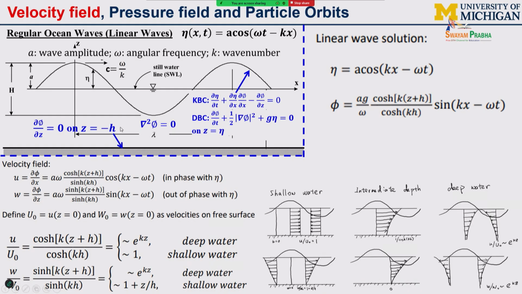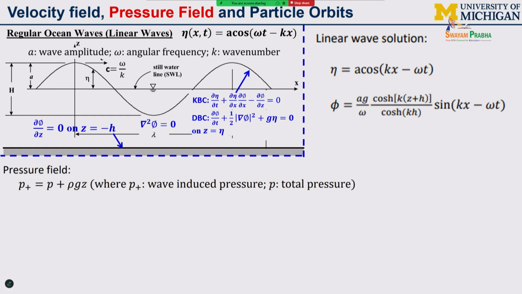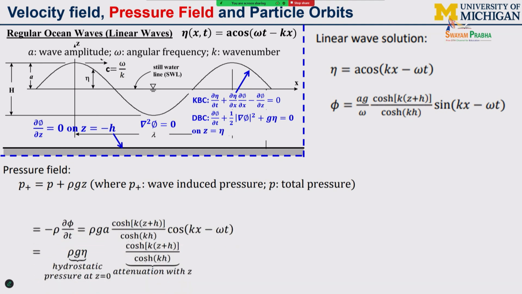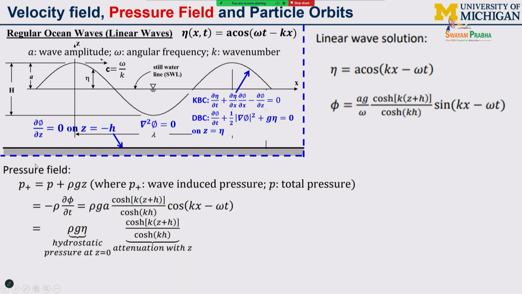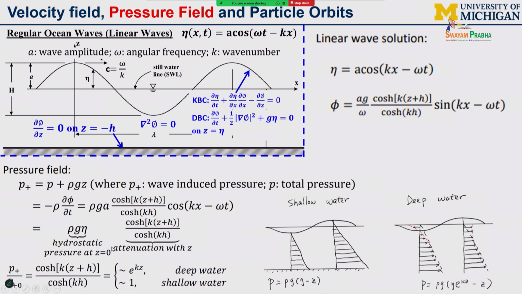This is the velocity field. Next is the pressure, right? Here you care about the dynamic pressure, not the static pressure, and so you use the Bernoulli equation if you already have the velocity field. I just gave you the conclusion. For shallow water, the pressure decreases linearly; for deep water, it's not a linear relationship.